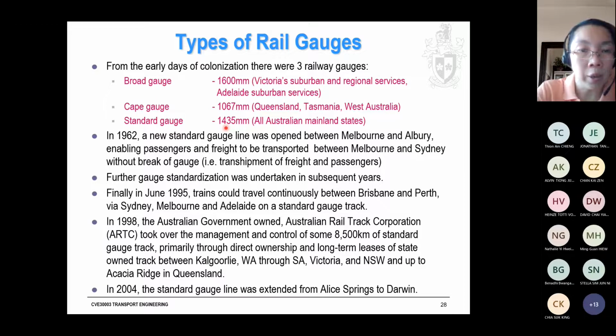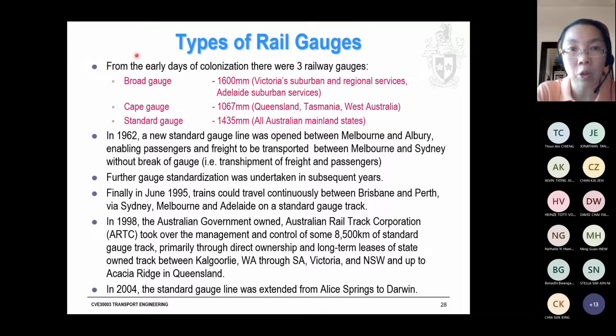Right. So in 1962, a new standard gauge line was opened between Melbourne and Albury, enabling passengers and freight to be transported between Melbourne and Sydney without break of gauge. Whenever we have a break of gauge, that means if, let's say, you want to go from Queensland to Sydney, you have different gauge sizes. And the train cannot move over to the other gauge. So imagine you have one line using 1600 mm gauge size and another line using 1067 mm.